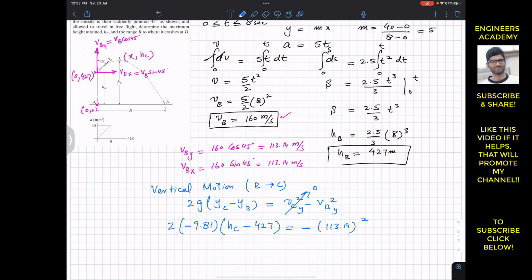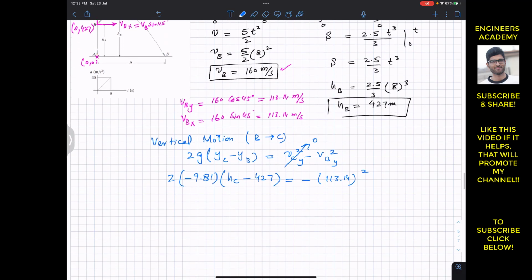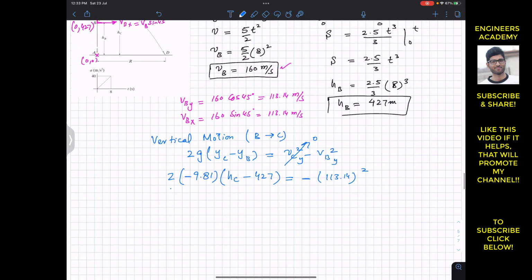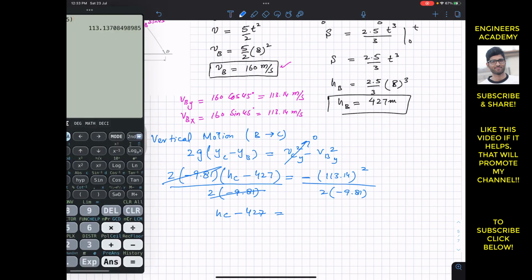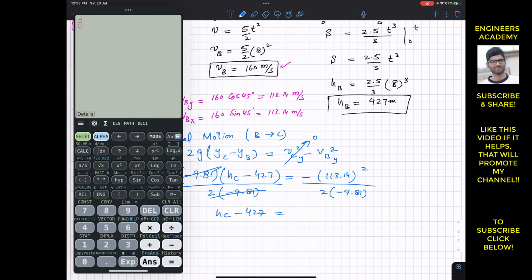So this is 113.14 squared. Now we can find hc if we divide both sides of the equation by 2 times minus 9.81. So this will cancel out, and we will be left with hc minus 427 equal to minus 113.14 squared divided by 2 times minus 9.81.